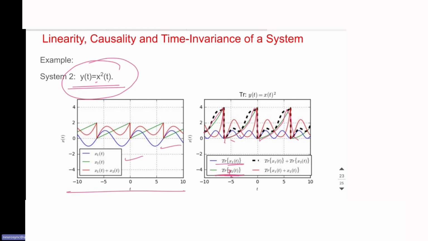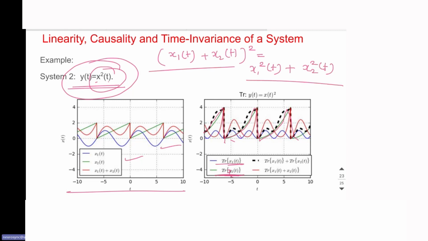Okay. Now, in written form also, I can say x1t plus x2t, the transformation is nothing but the square of the signal. Now, this is if I apply separate transformation on each particular signal. So whether this is equal to this, it is not equal to this.